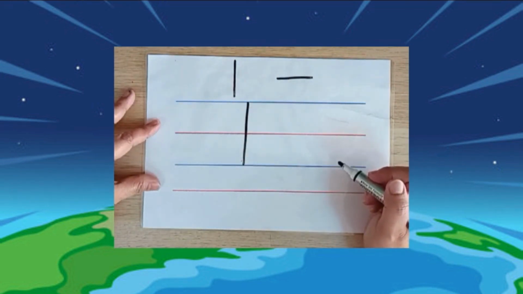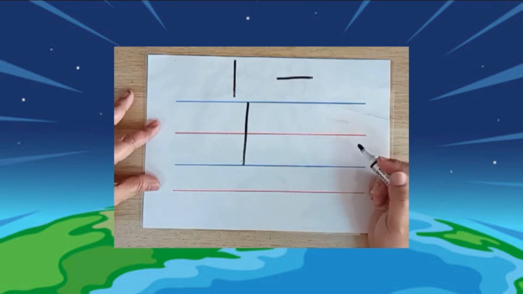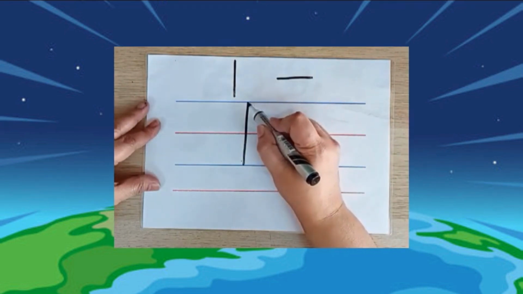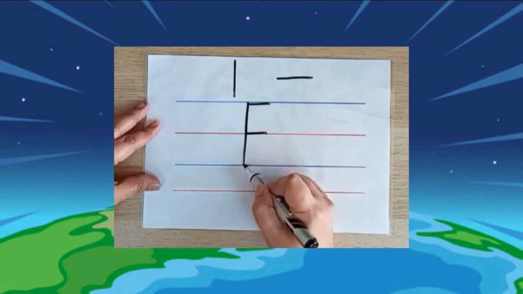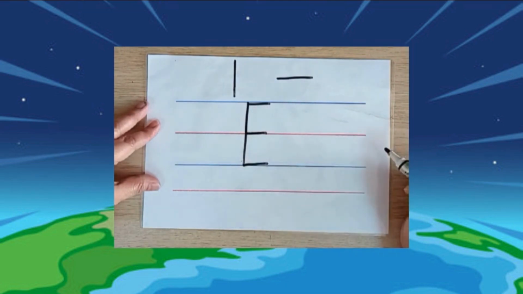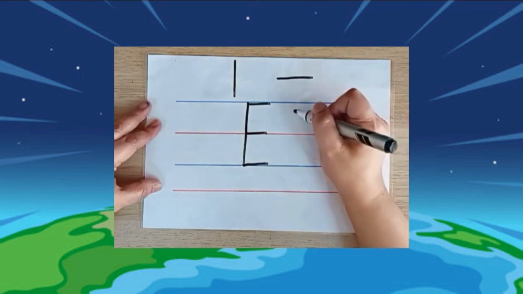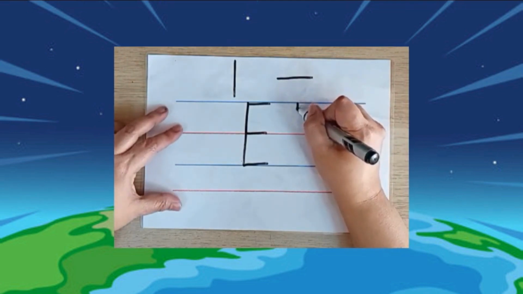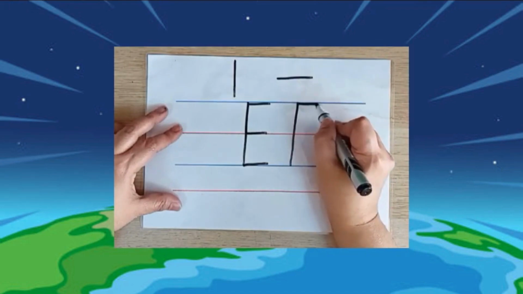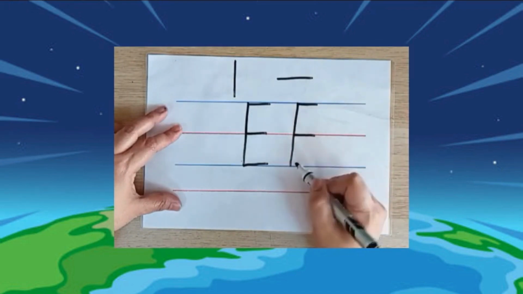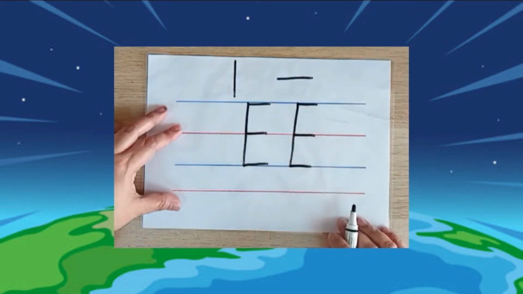Next, we need to put 3 horizontal lines or sleeping lines. 1, 2, 3. Let's do it again. A standing line and 3 sleeping lines. 1, 2, 3. That's how we make the uppercase E.